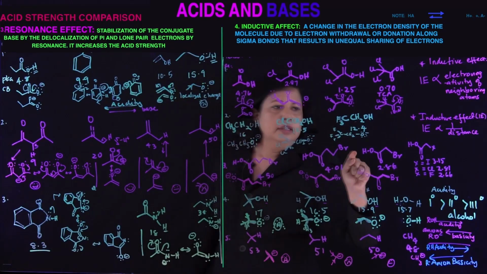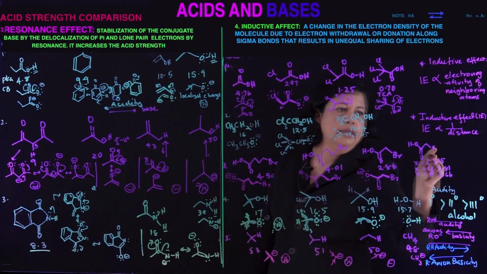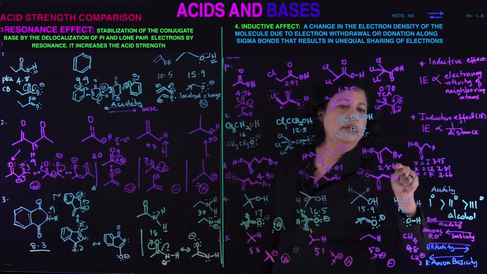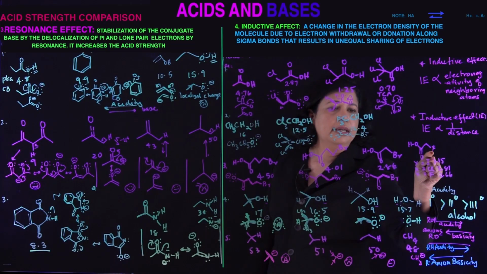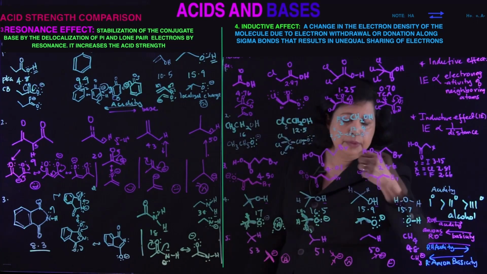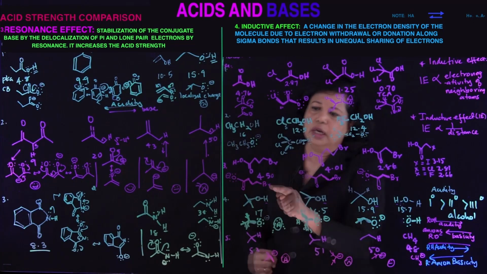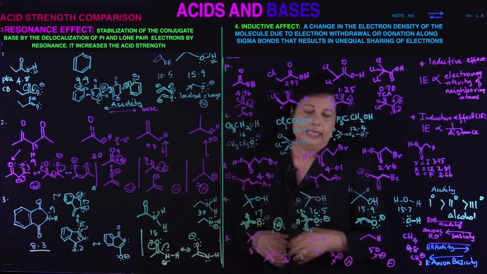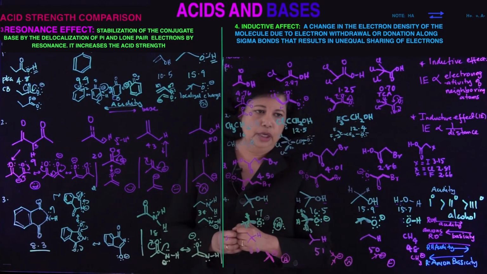The more electron withdrawing those groups are, for example, when you have fluorine, it's a lot more acidic than when you have chlorine or bromine or iodine. So therefore, having more electronegative groups pulling that charge over is a lot more stabilizing than having less electronegative groups pulling the charge over.